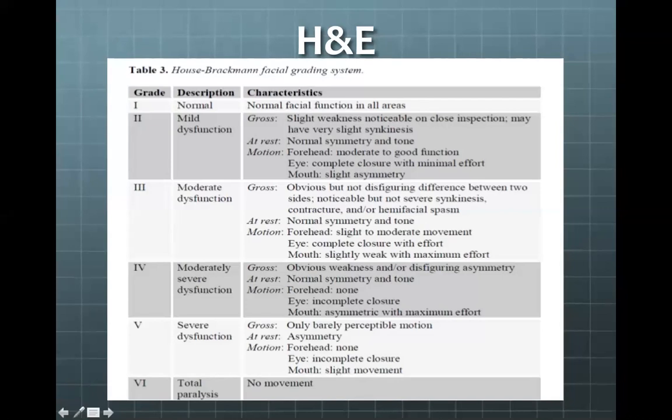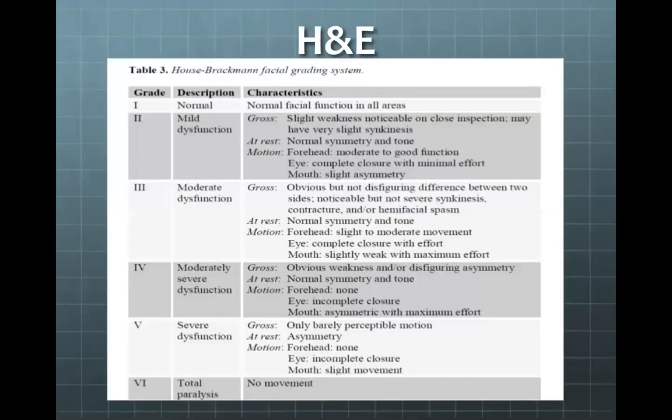Grade 4, if there is disfiguring asymmetry during contraction and obvious weakness, which is moderately severe. And as we said, if there is asymmetry at rest, this is severe dysfunction, grade 5. And if there is no movement at all, this is grade 6.